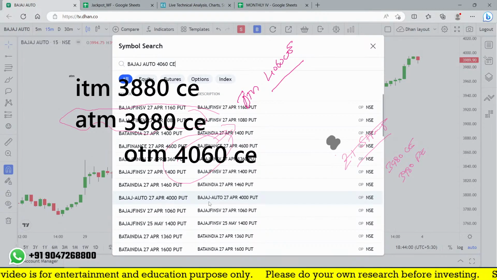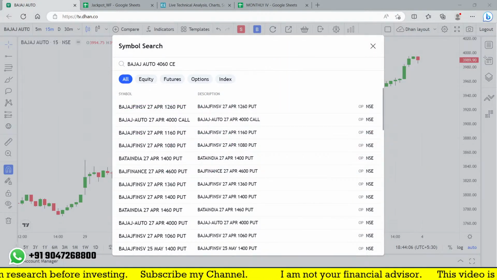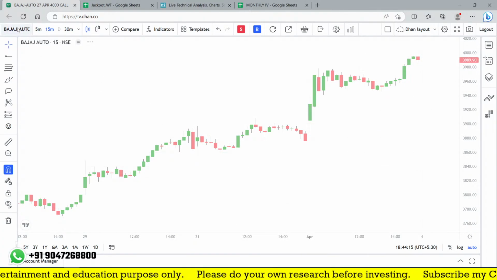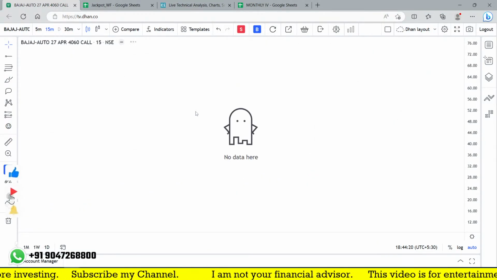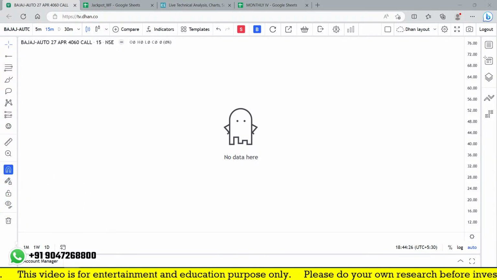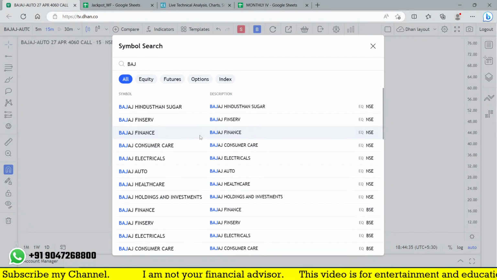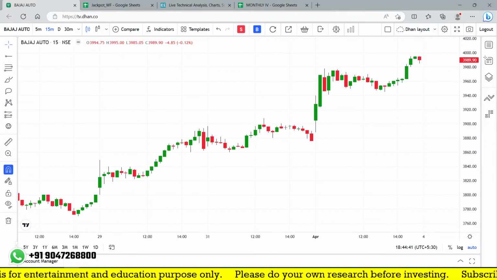Where is it, Bajaj Auto? I think Bajaj Auto 4060 call option. 4000, and let me go for 60. Yeah, 4060 call option. I think the data is not available, so maybe we are going to check. Yes, tell me. And let me go for Bajaj Auto. Okay, so which strike price are you focusing on, 4080?